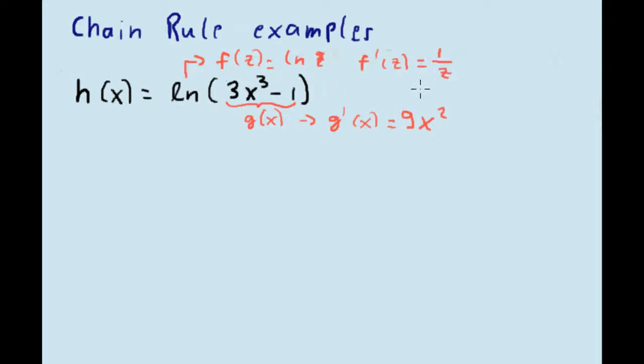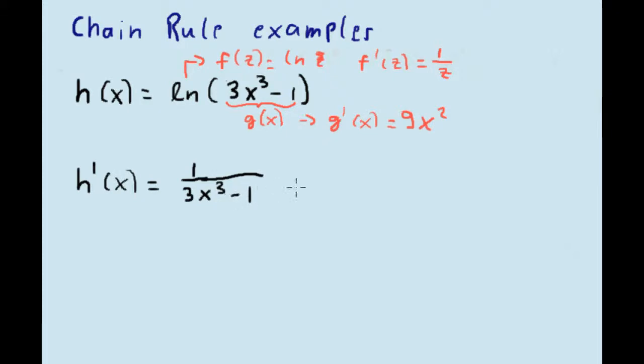Now let me put that together on the next line. That means h prime of x is outer times inner. Outer would be 1 over z, but the z has no business anymore. We have to replace z by what? By g of x. There goes my 3x cubed, the original function, minus 1.